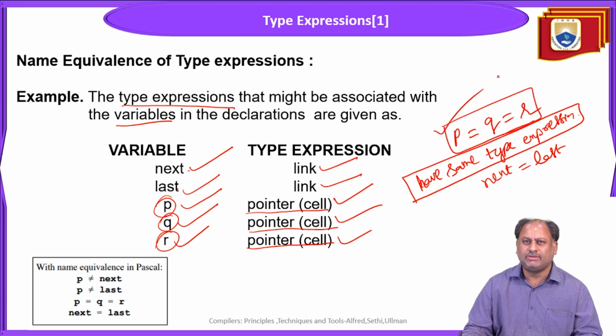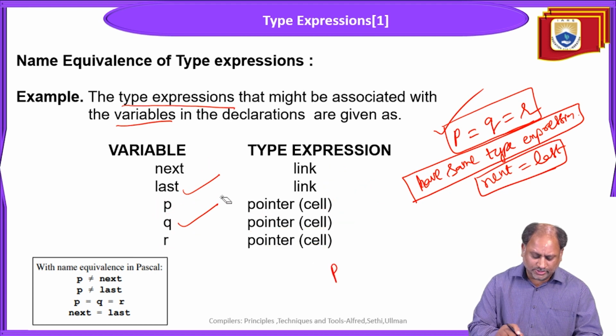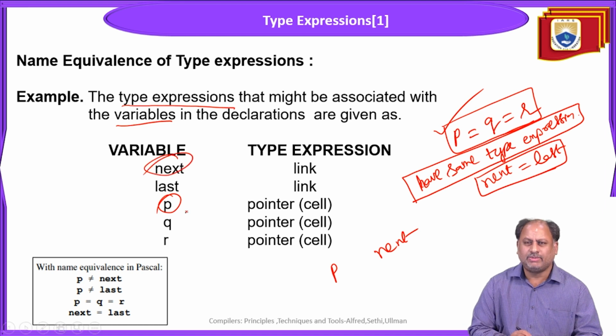Structurally, that is the same type expression, and the declarations next and last have the same type expressions. But if you compare P with, for example, next, what is the type expression for P? It is a pointer of cell.